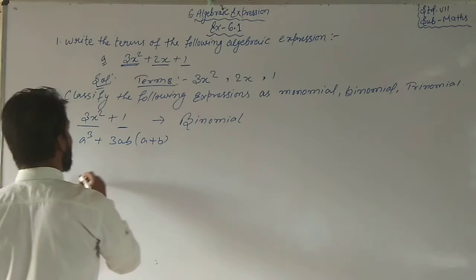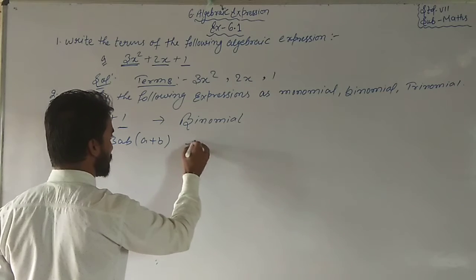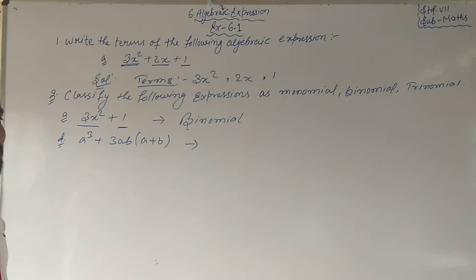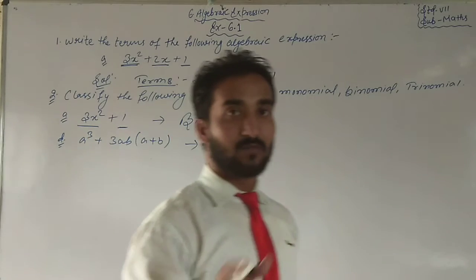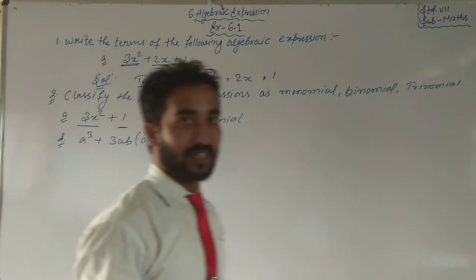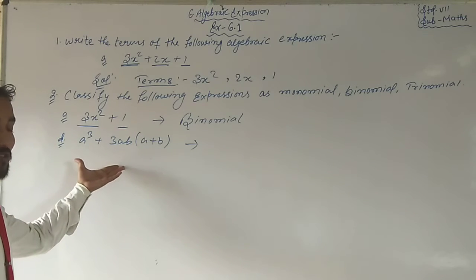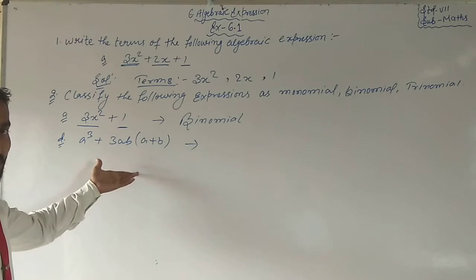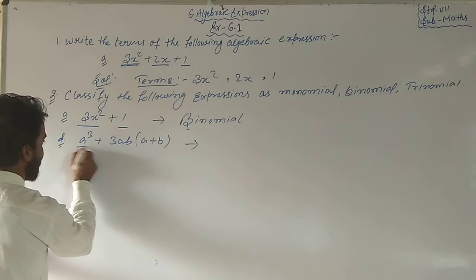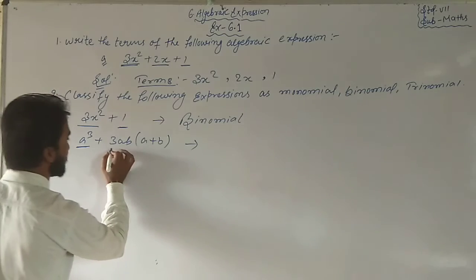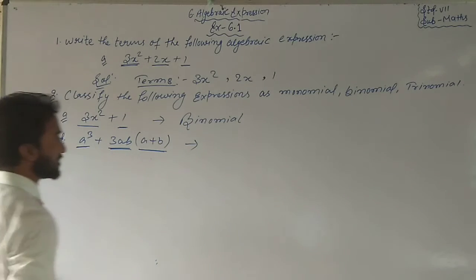See students, it's also an easy question, but it needs a little concentration for solving. As already discussed, single term, dual term, triple term, multiple term, in that way we have to identify whether it is monomial, binomial, trinomial, polynomial. How many terms are there? A cube is a term. 3b is also a term. A plus b under bracket is also a term.